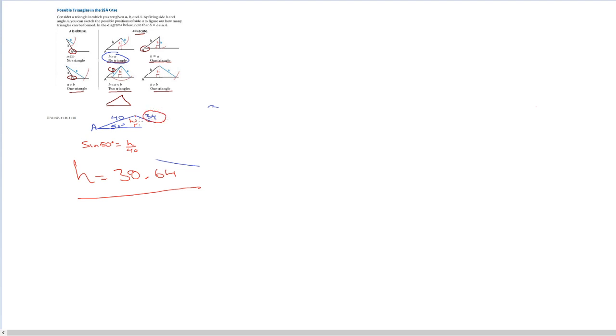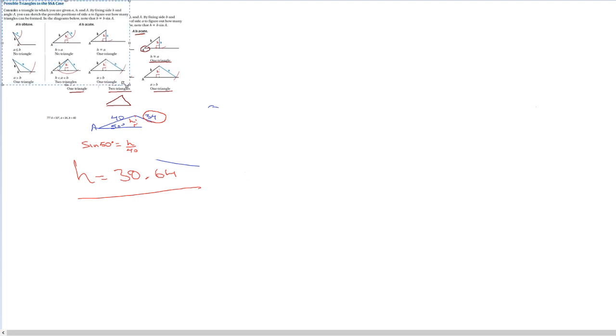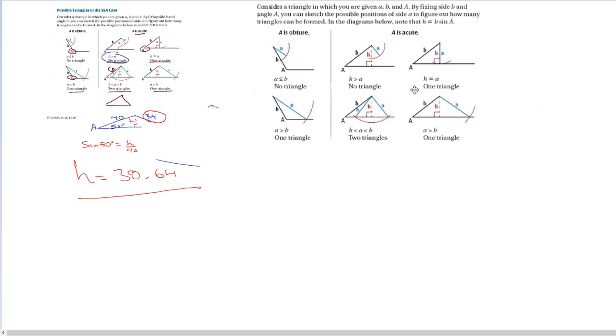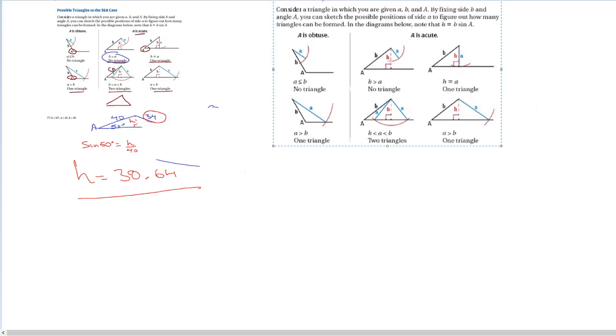All right. So here we have this side is more than h, but less than 40. That means we have this possibility. We have 2 triangles. Let me see if I can make this a little bit bigger. It's a little hard to see. All right, there we go. Let's erase this.